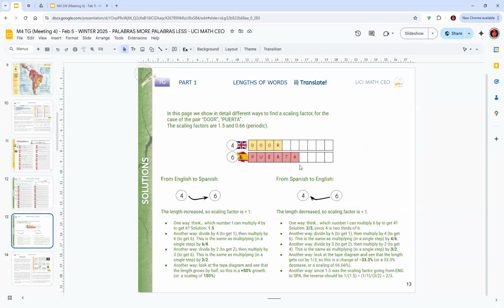Let's fully see how to find the percentage change or the scaling factors. Students may first think that this activity is about how many more letters, and they would say +2 or -2. But then you have to think more about relative growth, not absolute growth. It's not how many letters you grew, but relative to your old size.